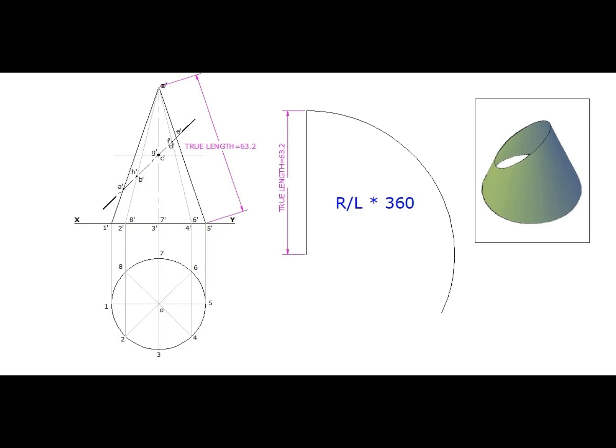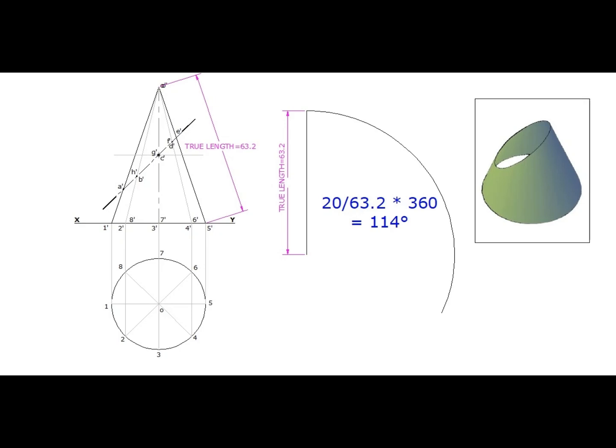Here the base radius of cone is 20 mm. True length of generator is 63.2 mm. 20 divided by 63.2 and multiplied by 360. We will get 114. So, the included angle is 114 degrees.